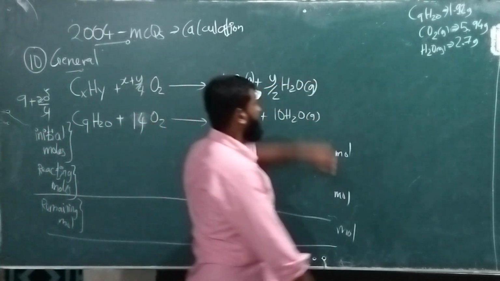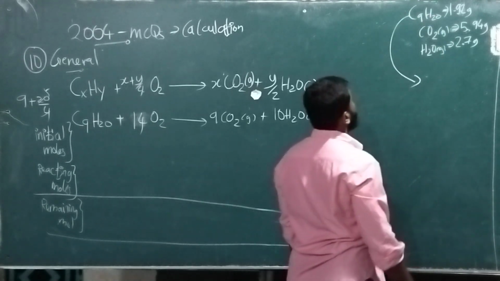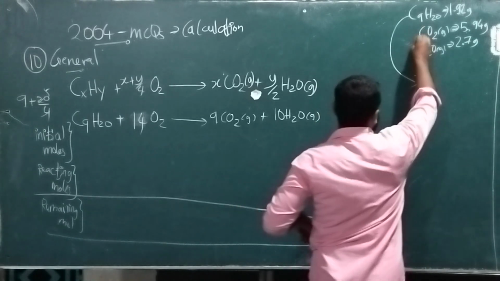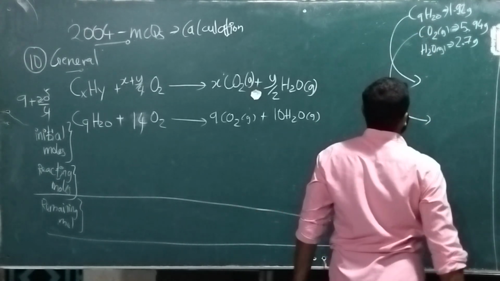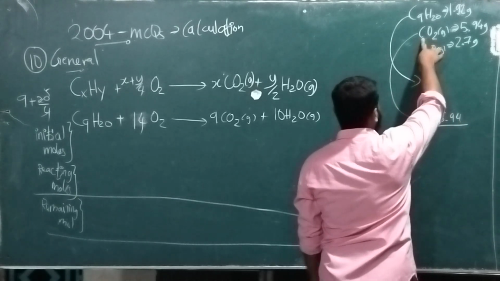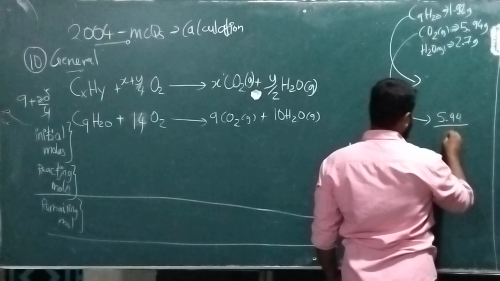Now let's convert this one to moles. So you have to know the relative molecular mass. Before that, we'll go with carbon dioxide. 5.94 divided by the molecular mass of CO2, which is carbon 12 plus O2 32, so 44.